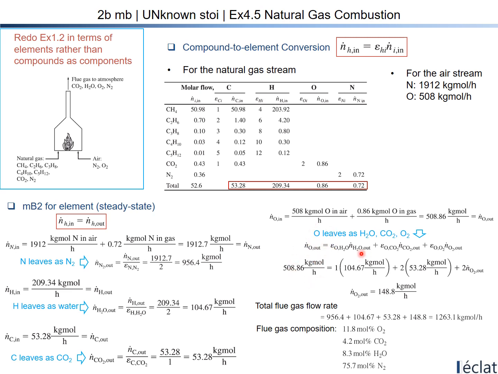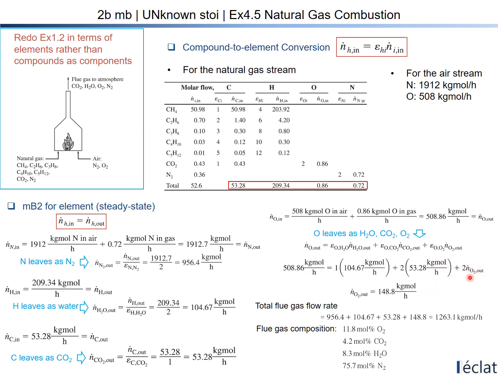And how about the water stream in the output? It comes from here, 104.67, and H2O has just one atom of oxygen. Plus, how about CO2? CO2 value comes from here, 53.28, and carbon dioxide has two oxygens. So here's the 2. Plus, how about oxygen? We don't have any value about this information. Then the oxygen molecule has two oxygen atoms, and this is equal to this one.